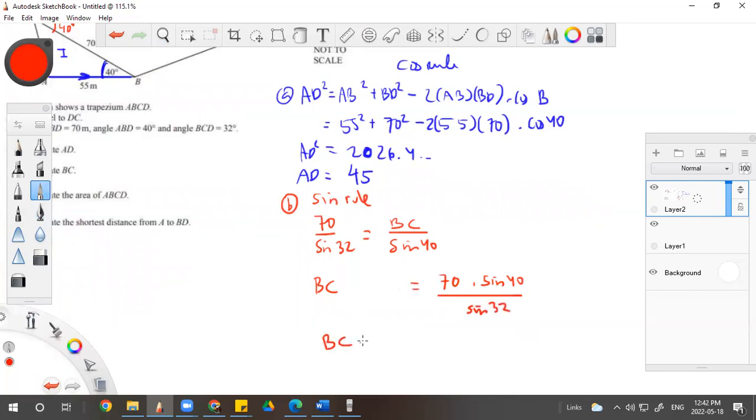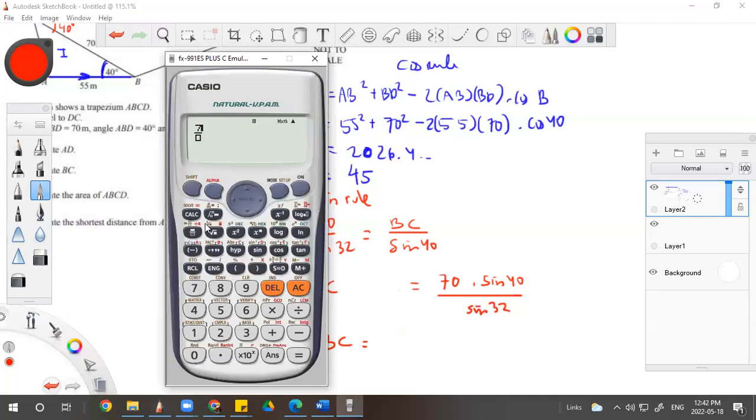You can find BC simply on your calculator: 70 times sine 40 over sine 32. What I try to tell you is to look at my workings and find the most efficient working. This is 84.9.